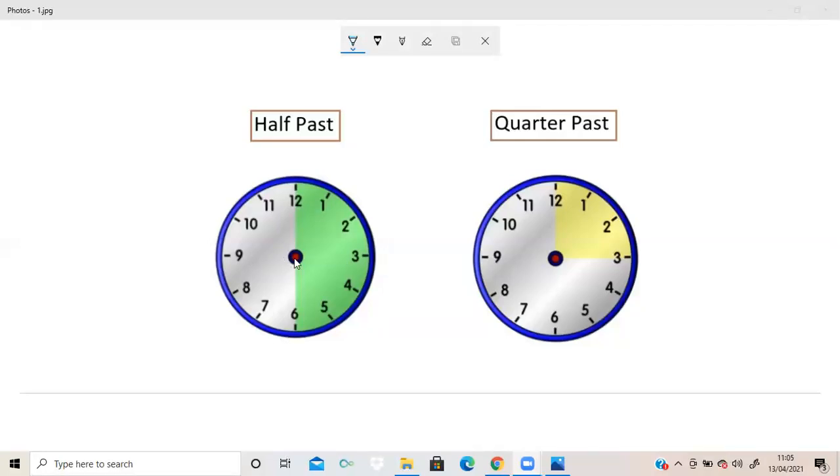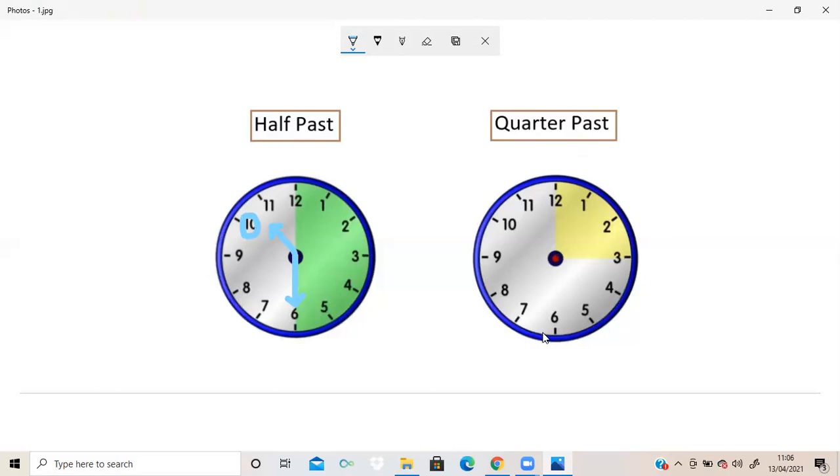If the minute hand is pointing at 6 and the hour hand is anywhere between two numbers, for example between 10 and 11, then it is half past 10. So if the minute hand is pointing at 6 and the hour hand is between these two numbers, then it is half past 10.